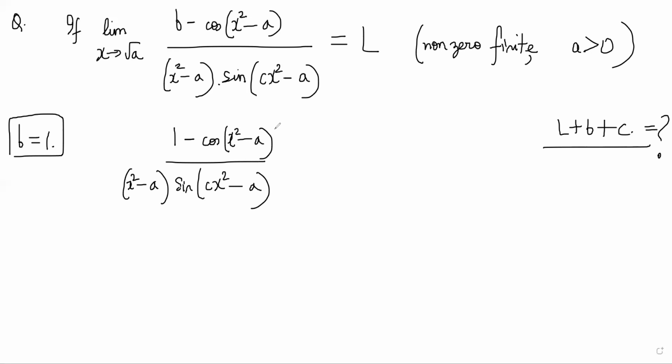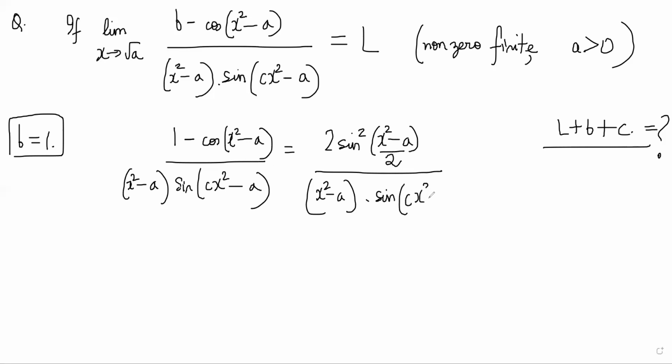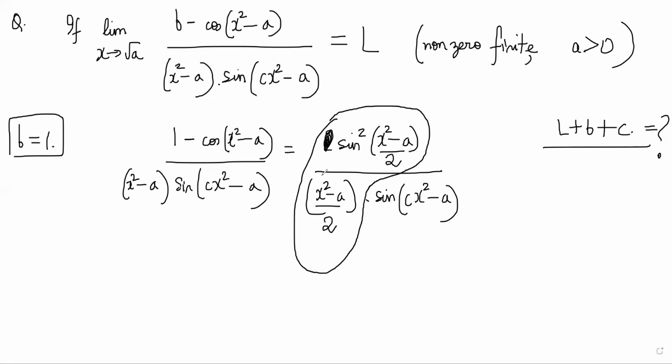1 minus cos of (x square minus a) can be written as 2 sine square of (x square minus a) by 2, right? That is your half angle formula. Divided by (x square minus a) and sine of c(x square minus a). So this 2 I can bring here. And this part is tending to 1, because you have a minus a 0, and no, this part is not tending to 1.